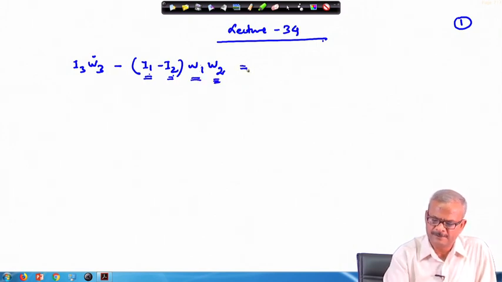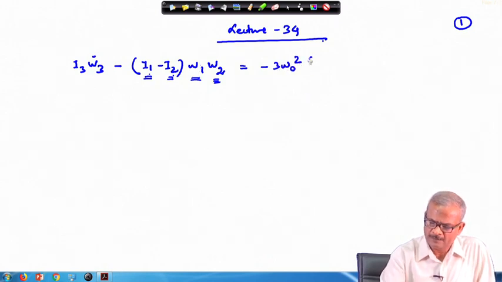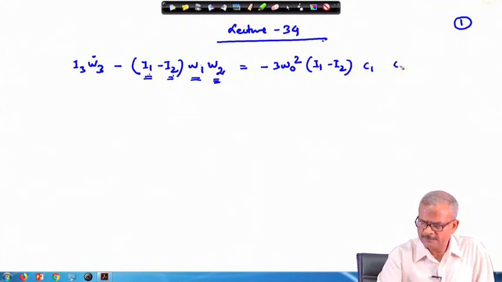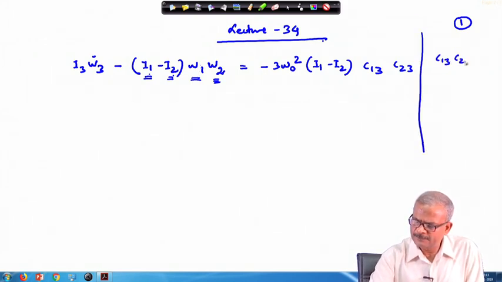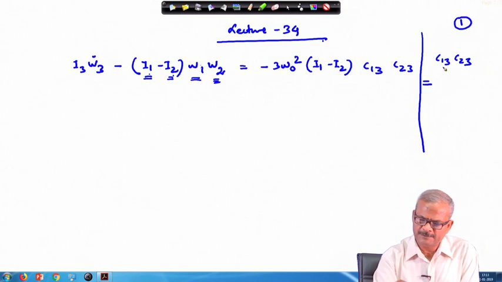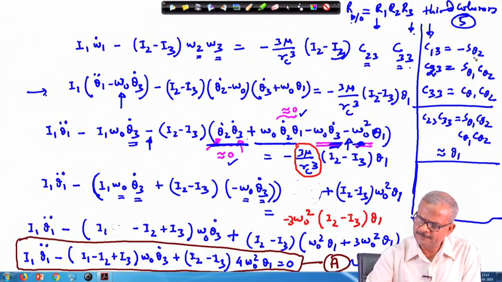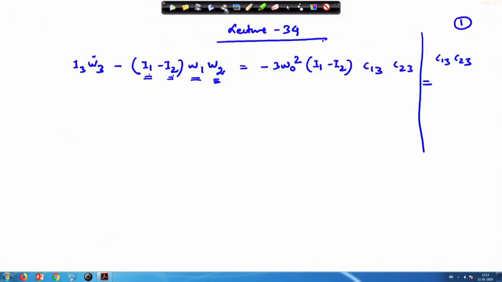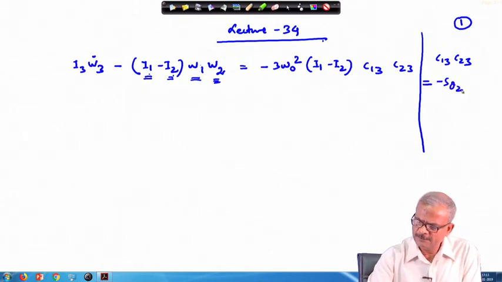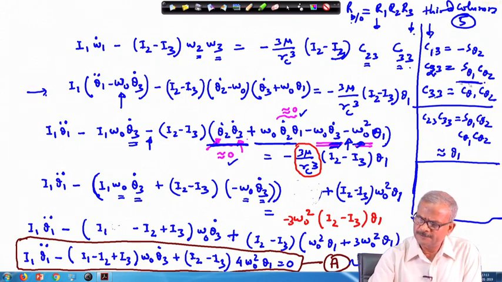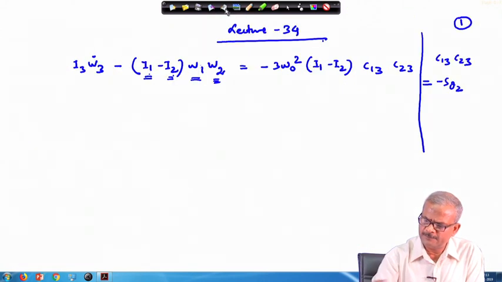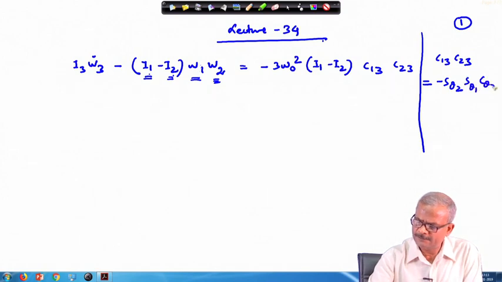This is equal to, on the right hand side, 3 omega 0 square, then (I 1 minus I 2) times C 1 3 times C 2 3, this we have to insert. So, going back, C 1 3 is minus S theta 2, and C 2 3 is S theta 1 C theta 2.